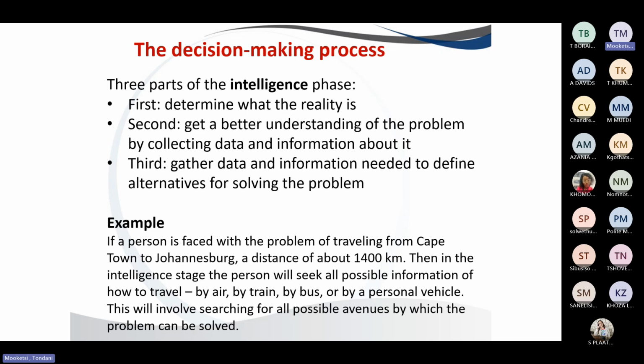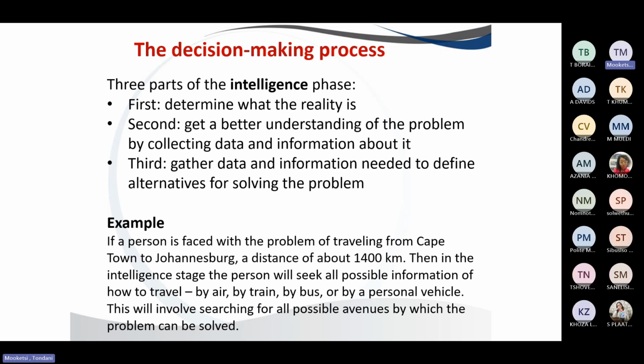Then in the intelligence stage, the person will seek all possible information of how to travel, whether by air, by train, by bus, or by using their personal vehicle. And this will involve searching for all the possible avenues by which the problem can be solved.